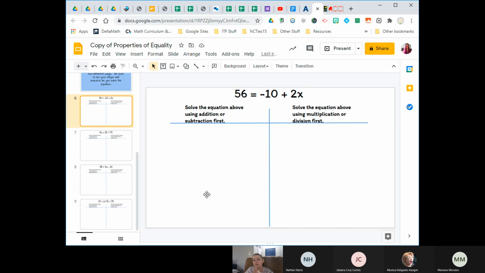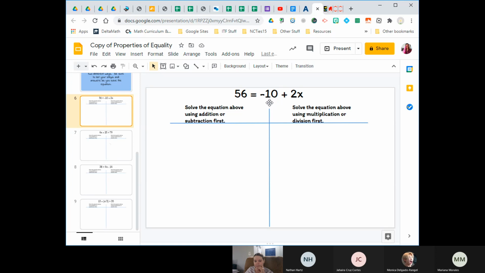And you are going to solve the equations in 2 different ways. The first way is you are either going to do addition or subtraction first, okay? So if we look at 56 equals negative 10 plus 2x, I need to undo this negative 10 or minus 10. So how am I going to undo minus 10?